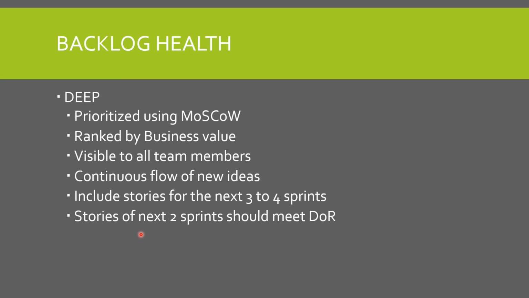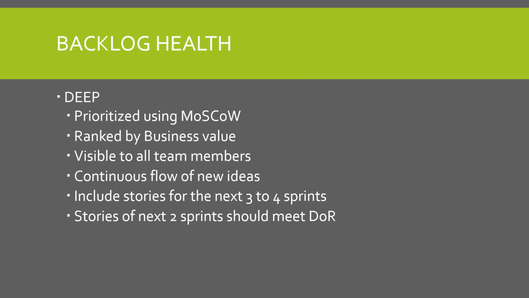They will be very effective meetings only when the stories of the immediate 2 or 3 sprints meet the definition of ready, so that your backlog refinement meetings, grooming sessions, and sprint planning sessions will be fruitful for you. So this is one important way of ensuring backlog health.